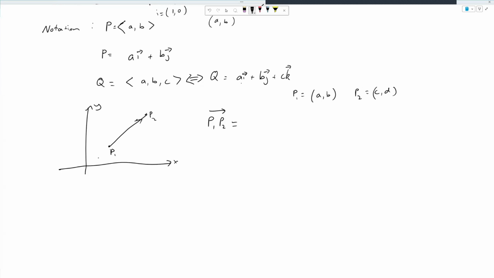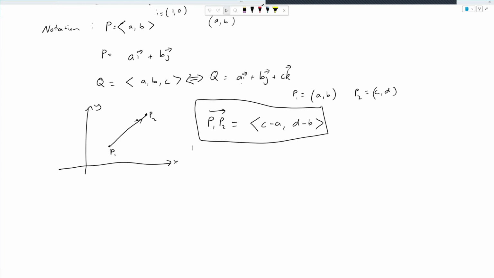So P1 going to P2 would equal to the vector, okay, would equal to the x component here, so C minus A, and then this would be D minus B. Oh, whoops. D minus B. Okay. This makes sense because you're going from the, I guess, the final position minus the initial position will give you the direction from the first to the last position. Okay. But this is the general order you want to think of when you're thinking of vectors.